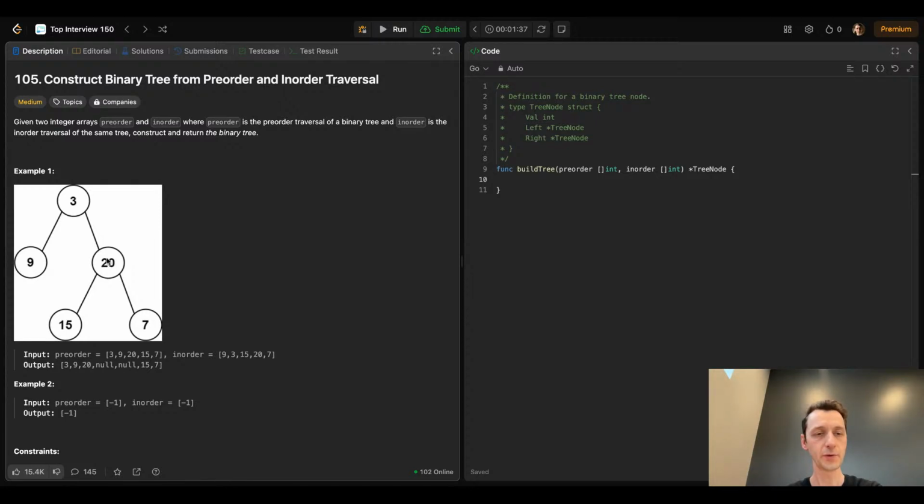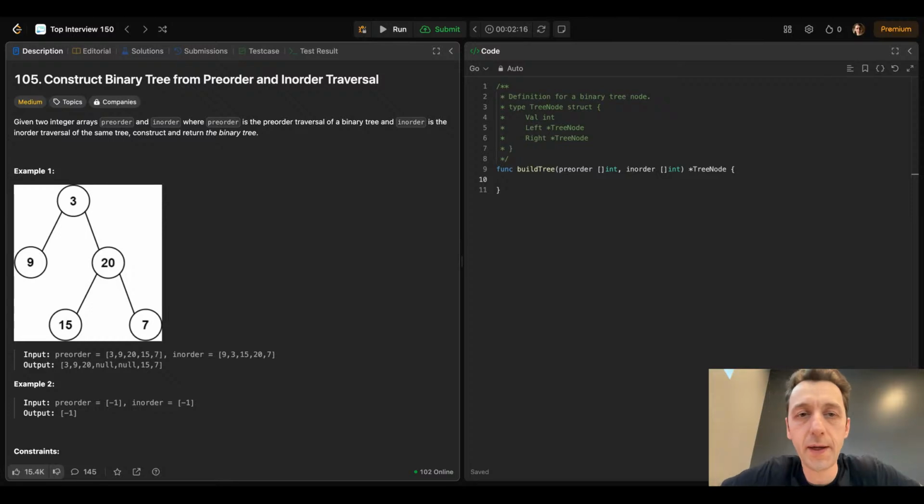And each of those children can have their own children. Yeah, so that's a binary tree.